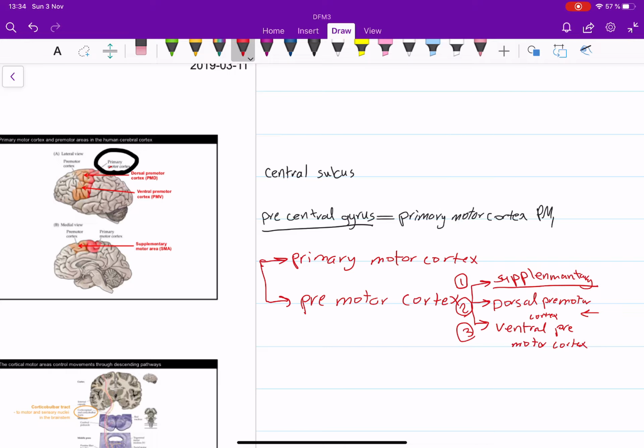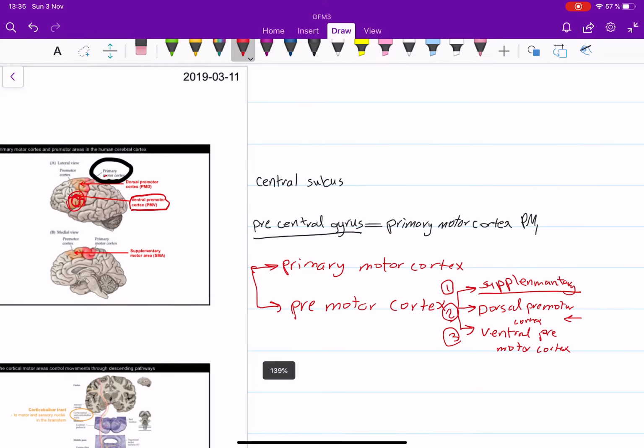And here in the inferior part of the premotor cortex, the posterior part of the inferior frontal gyrus, we have a part of the premotor cortex which is called the ventral premotor cortex.